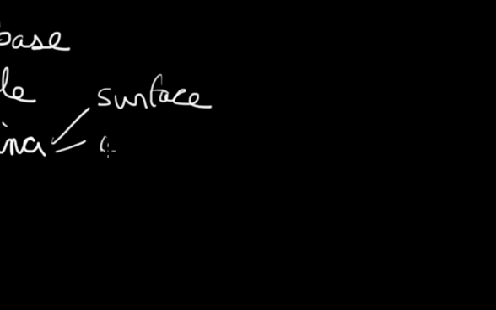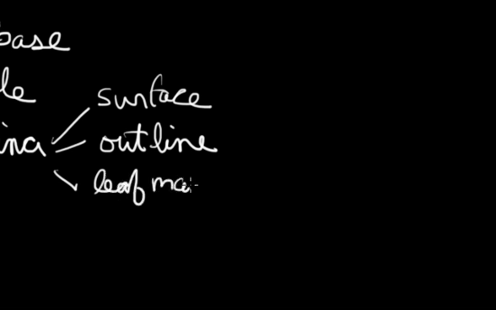Then outline, it could be heart shaped or maybe very spine shaped. Then the leaf margin, which means that there could be cuts, deep cuts in the leaf. And of course the leaf tip.